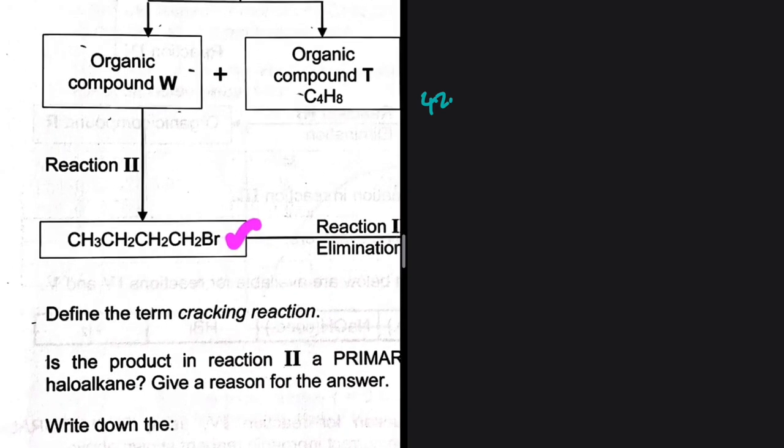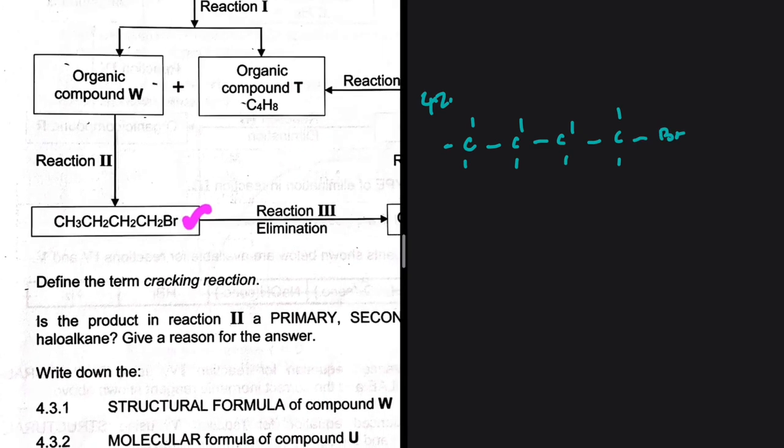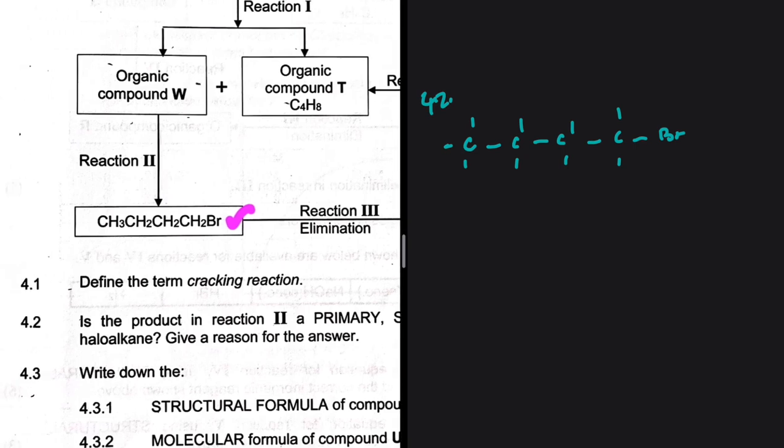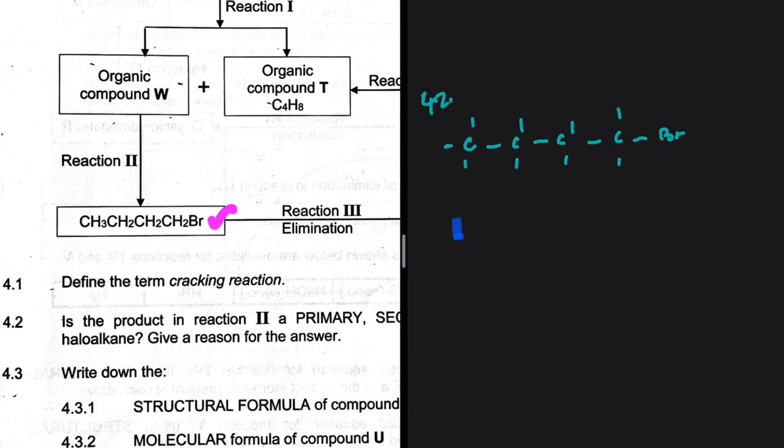We are given the condensed structural formula, so if we draw that in full, it should be easy to see: we have carbon 1, 2, 3, followed by a carbon with 2 hydrogens, followed by another carbon with 2 hydrogens, and the last carbon has 2 hydrogens and Br, bromo. So this is clearly a primary haloalkane. The answer to 4.2 is primary haloalkane.